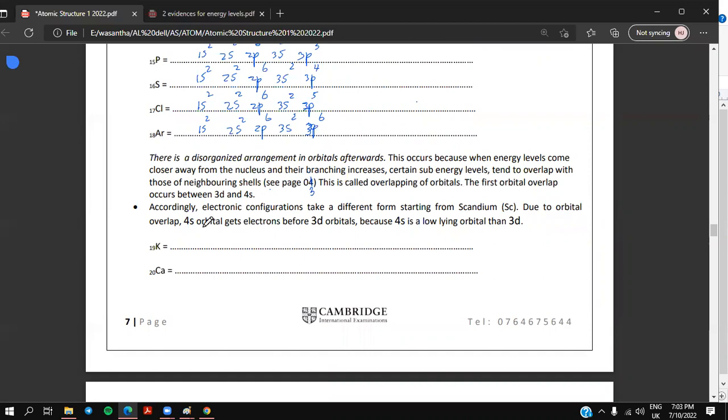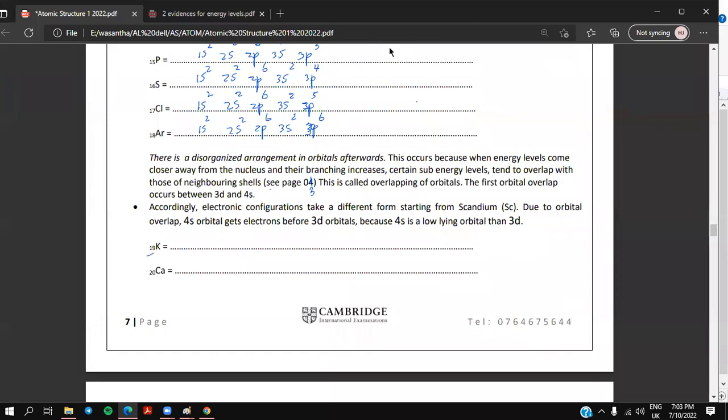The first orbital overlap occurs between 3d and 4s. We just had a look at it. Accordingly, electronic configurations take a different form starting from scandium due to orbital overlap. 4s orbitals get electrons before 3d orbitals because 4s is a lower-lying orbital than 3d. We have to talk about this after potassium and calcium. Still, we have not come to that point.